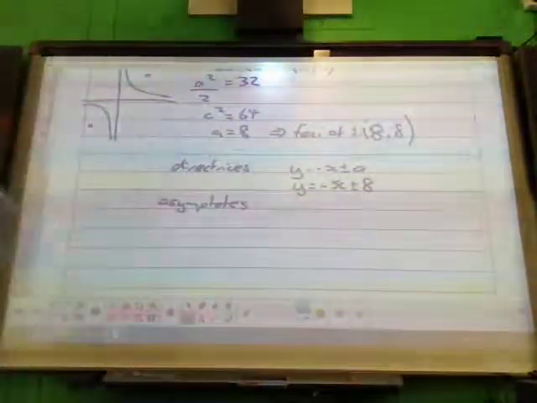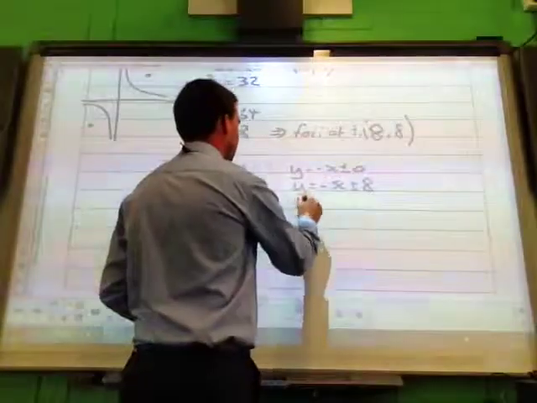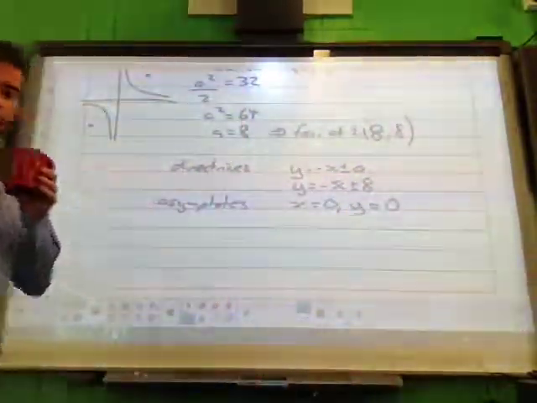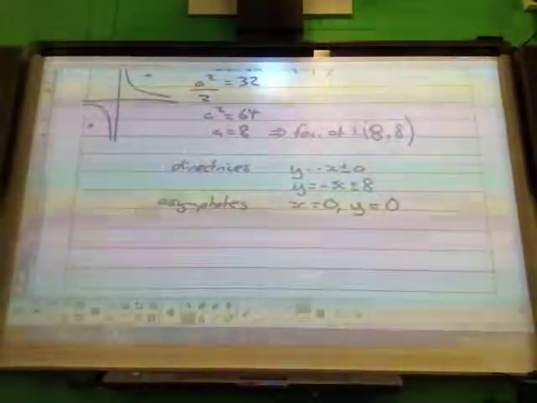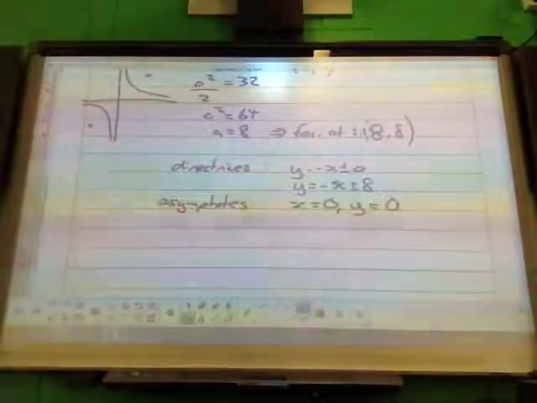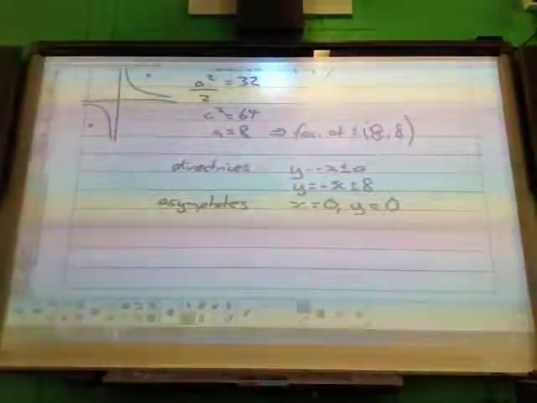And the asymptotes are the x and y axes. In other words, x is 0 and y is 0. Next lesson I will show you the other format. Actually, no, I'll show it now.